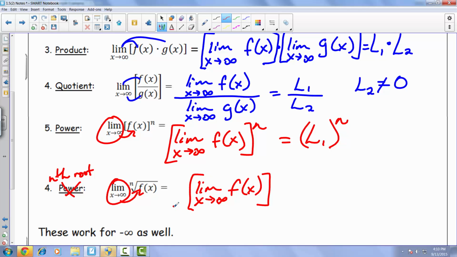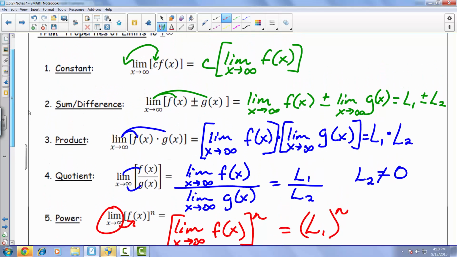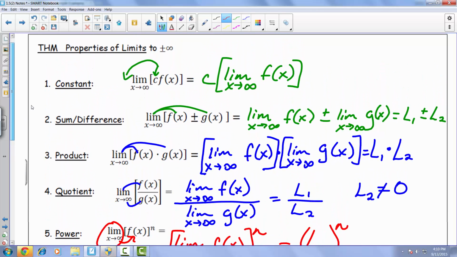We would take that whole limit first and then apply whatever nth root we want, so pretty much just the nth root of whatever our limit is. Now this does also work for negative infinity, so it's important to keep in mind that all these operations are equally successful when you try them with negative infinity.